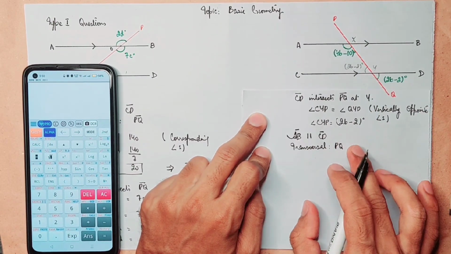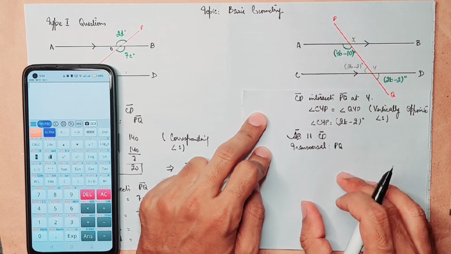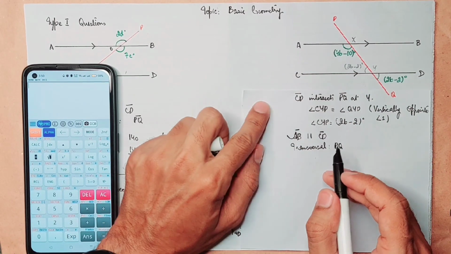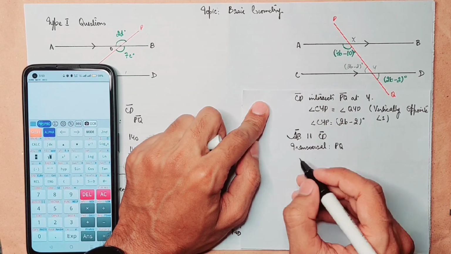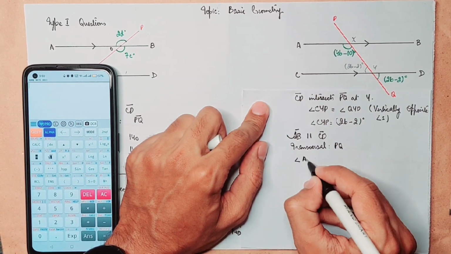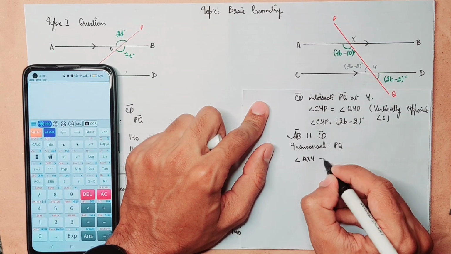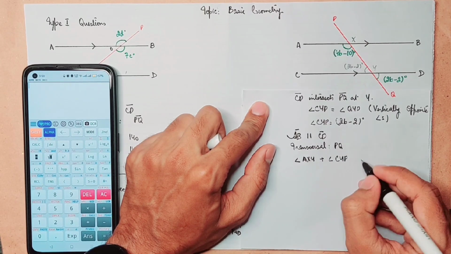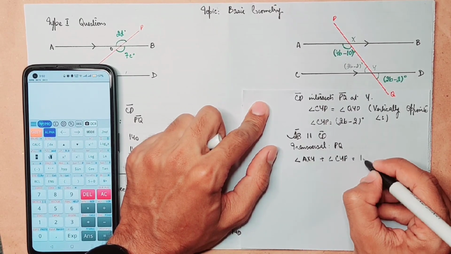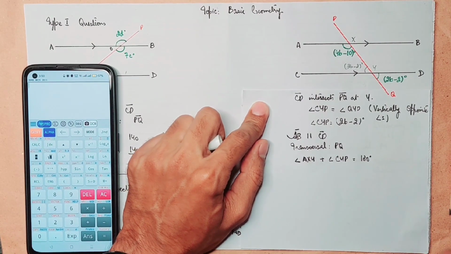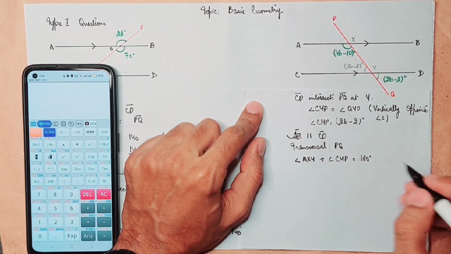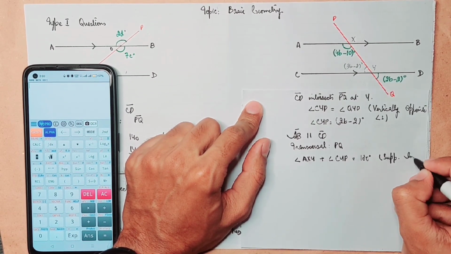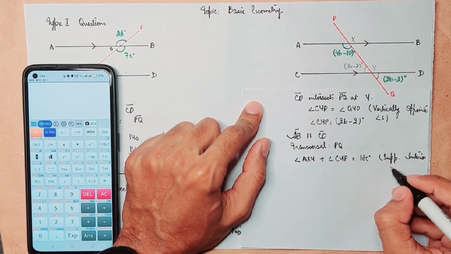So two of the angles are formed in between these parallel lines: angle AXY, plus the second angle, angle CYP, and their sum is equal to 180 degrees by the property of supplementary interior angles. So I mention the property: supplementary interior angles.